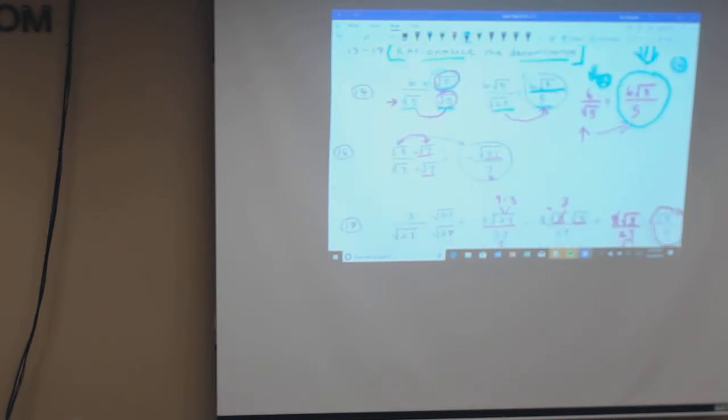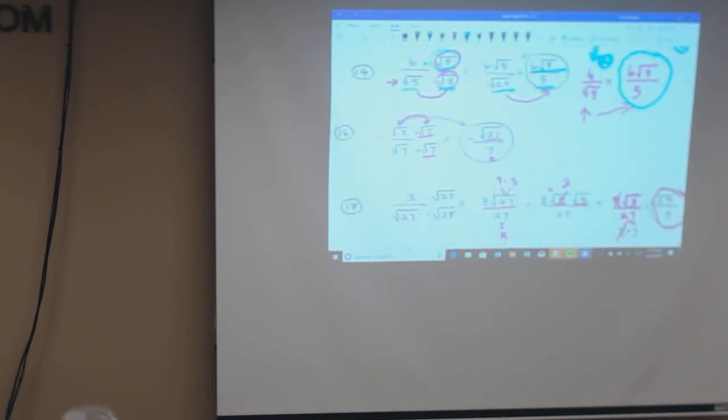Number 16, radical 3 over radical 7. It's a negative, and they put a negative in front of it, so keep track of that. So I take top and bottom times the square root of 7, and then what's the square root of 7 times the square root of 7? The square root of 49. What's the square root of 49? 7.